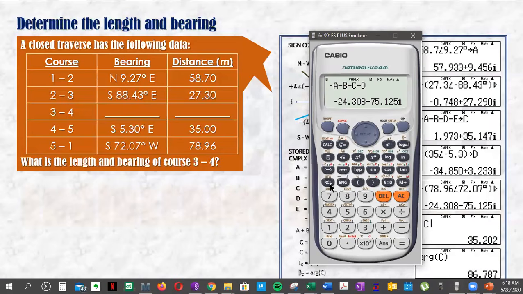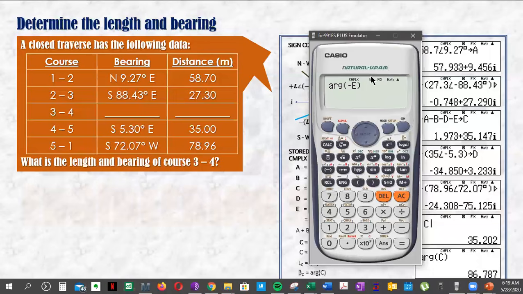After it is stored, we want to calculate the length now. Of course, the length is still the absolute of that. But its bearing can be solved by still taking the argument: shift 2, then arg, and here, you should negate E.